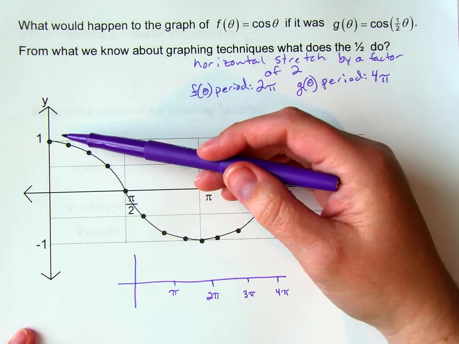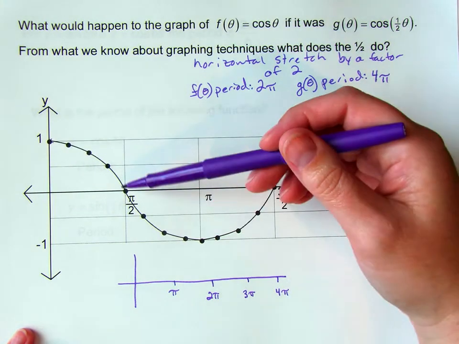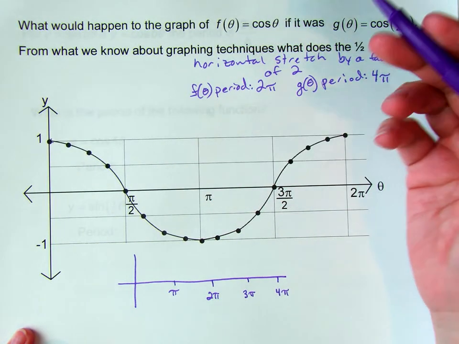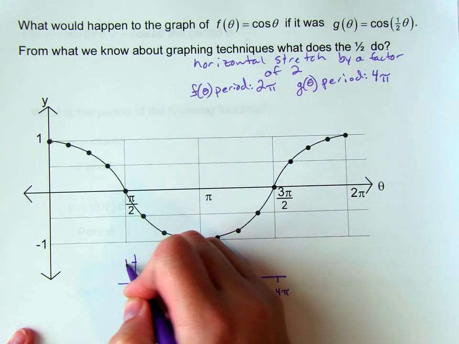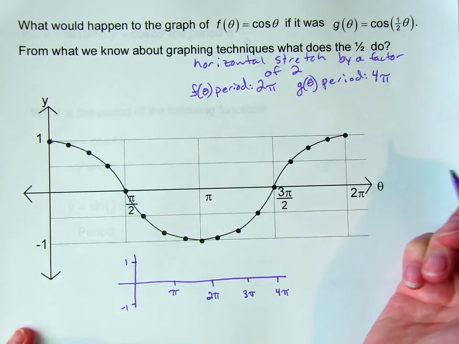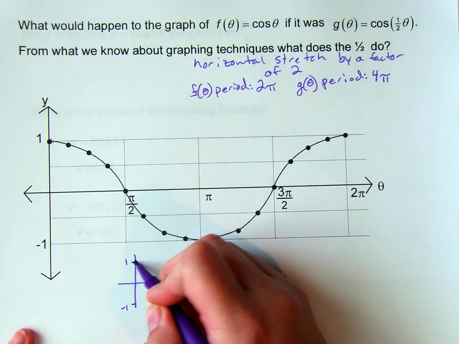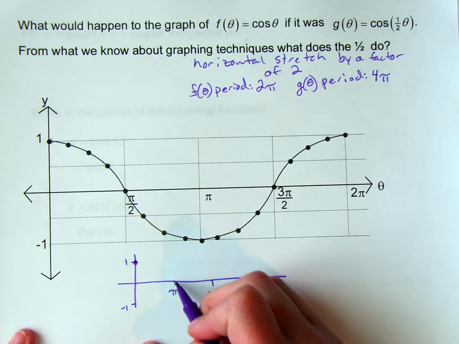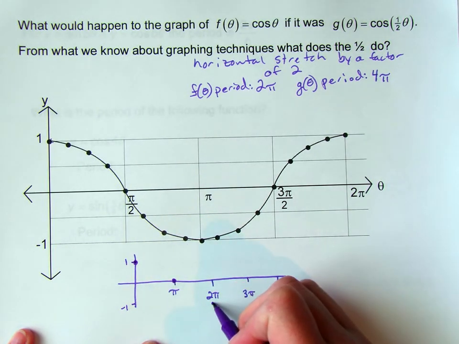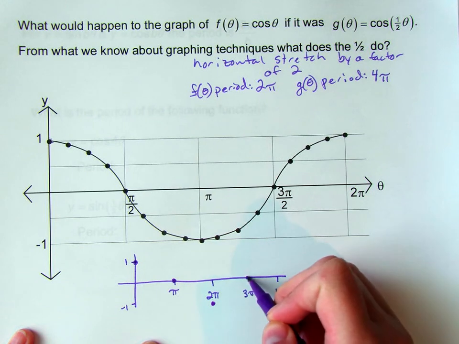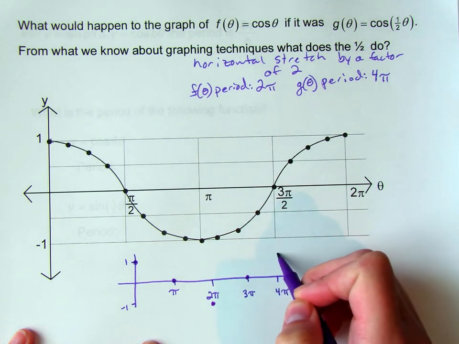We have to remember that cosine starts up at 1 and drops down to 0 and then -1, 0, 1. So we need our y values here. So we start 0, 1, drop down to pi, move down to -1, move up to 0, move up to 1.